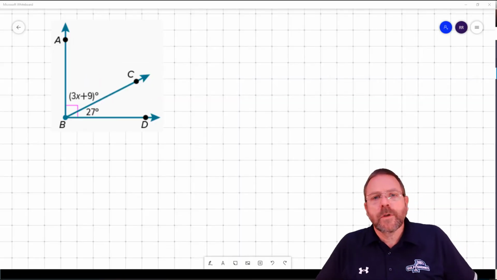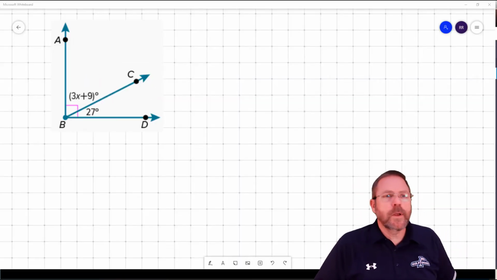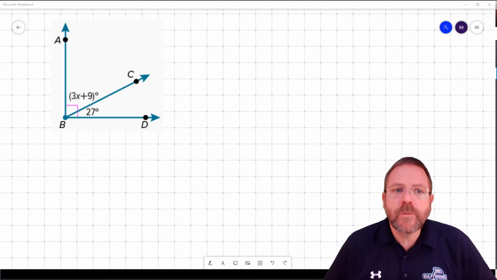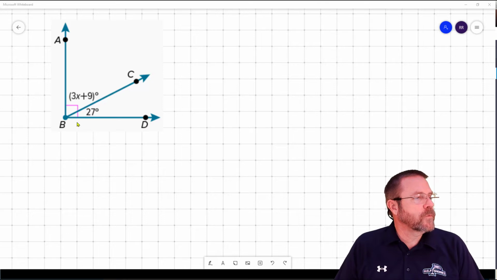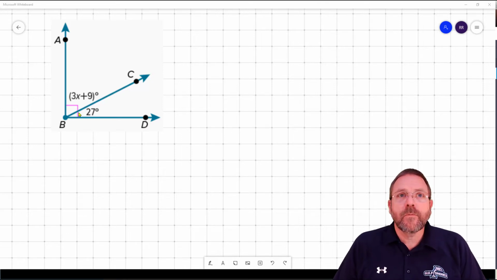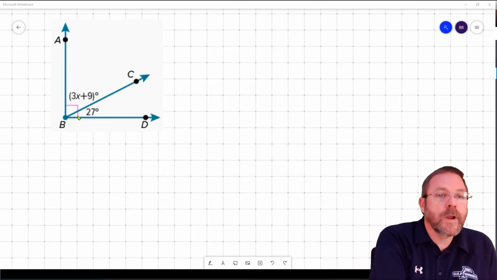So what do I know here? I know that I've got two angles that add up to equal 90 degrees. We know they're going to equal 90 degrees because there's a red square here in the bottom, and that red spot means that it is going to be a right angle, and right angles are 90 degrees. From here, I'm going to write my equation.